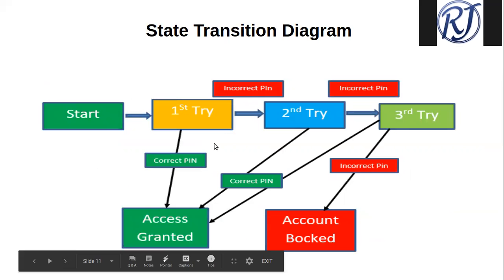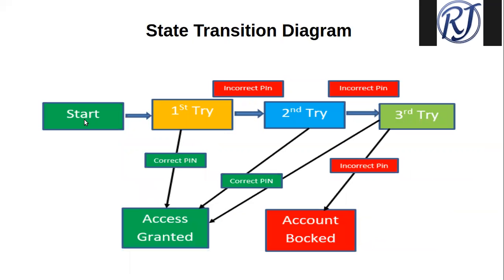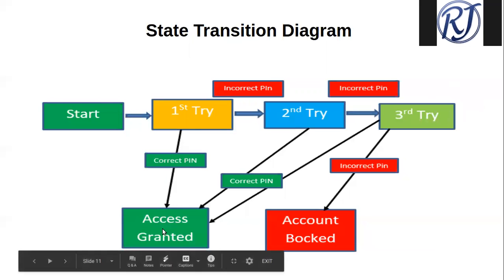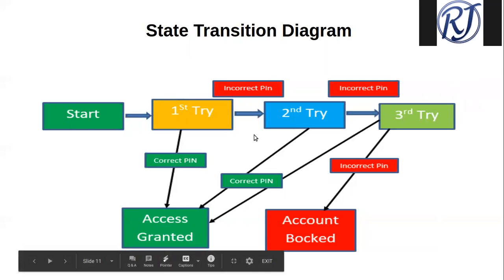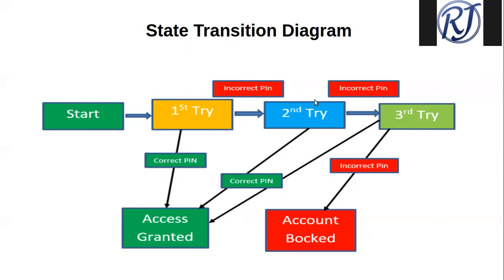So this is the state transition diagram for the above problem. First, the user will start. Suppose he enters the correct pin the first time, then access will be granted, meaning the machine will reach the access granted state. If the first time the user enters an incorrect pin, then he will be asked to enter the pin again, that is, in second try he will reach the second try.